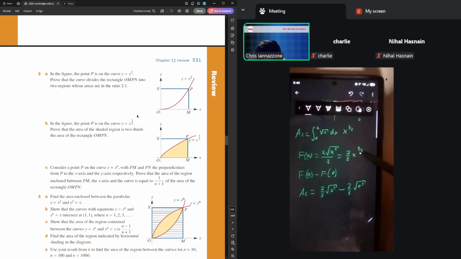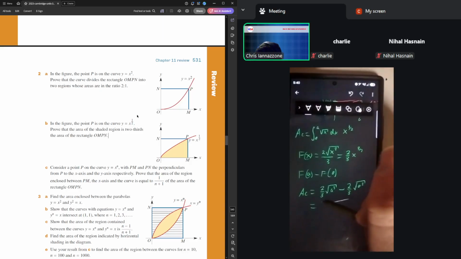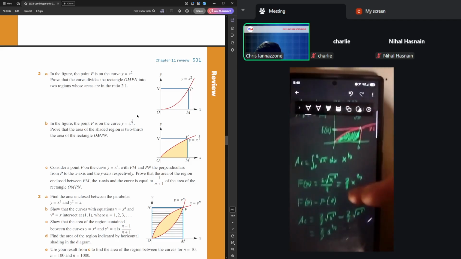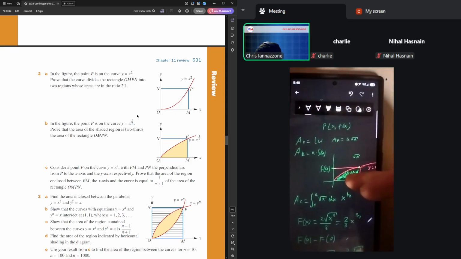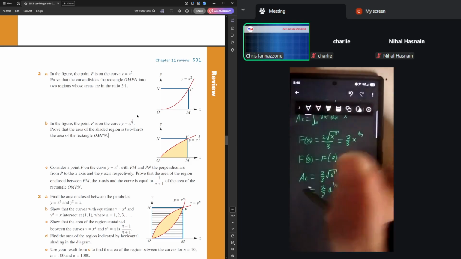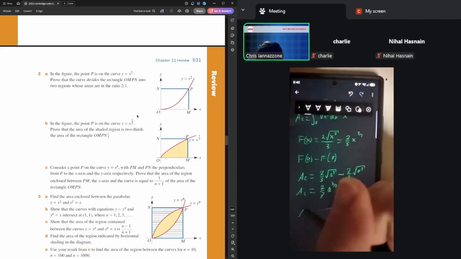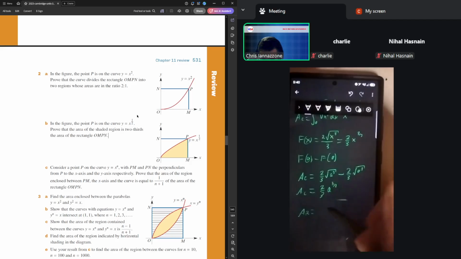You can use the fractional index as well if you prefer, which we will end up putting in here. 2/3 a 3/2, and then this one's just 0. If we look at what we've got now, we have our area of curve, which is 2/3 a to the power of 3/2. We have our area of rectangle, which is a root a.